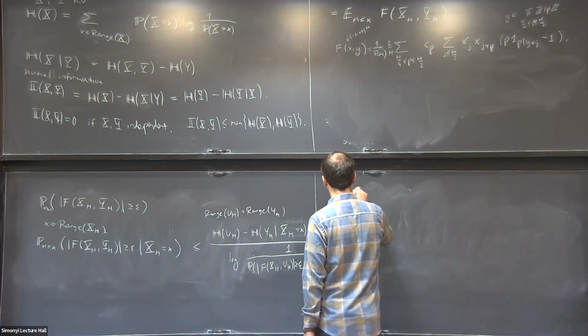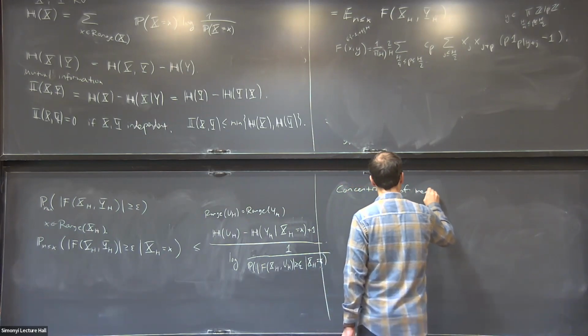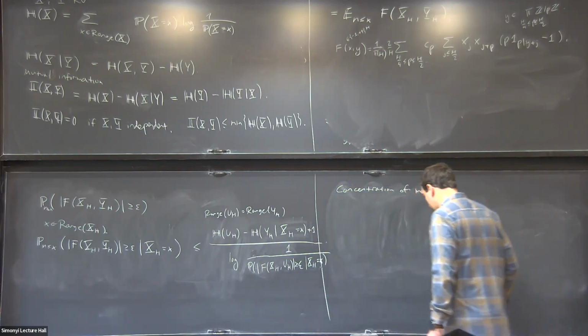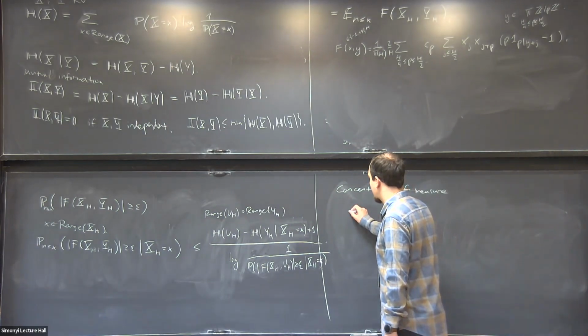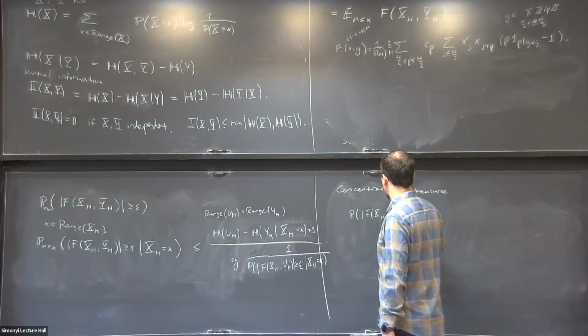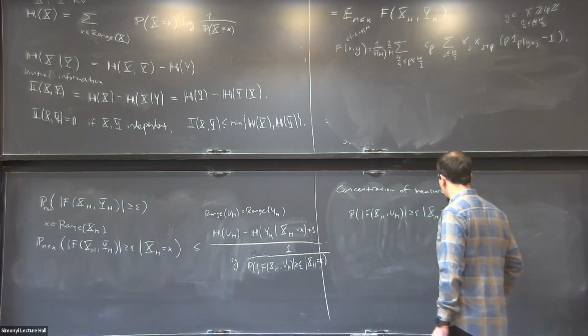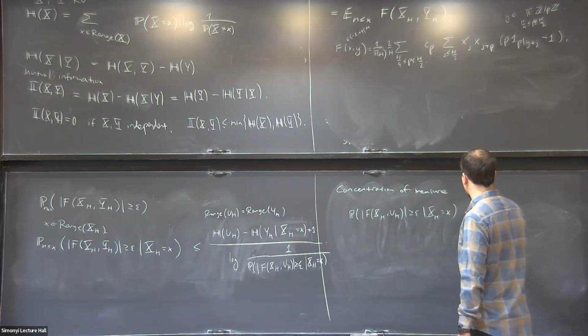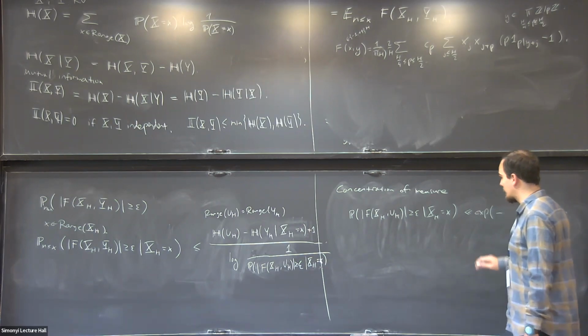Okay, so if you apply concentration of measure, you can prove that the probability, essentially speaking, has an exponential decay.